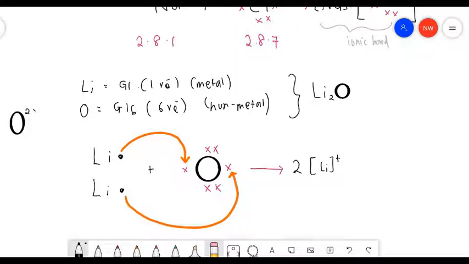Okay, dengan oksigen yang menerima 2 biji elektron. Jadi oksigen dia dah terima 2 elektron, dia akan bercharge 2 negative. Okay, so this is how you show the ionic bond formation. Alright.